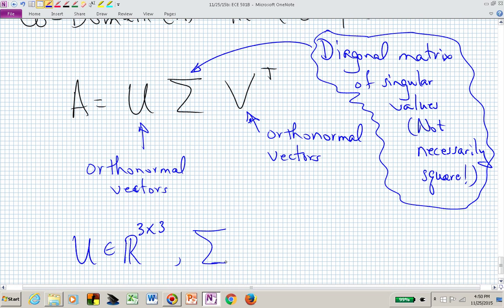This diagonal matrix sigma, again, could be rectangular, and it's of the dimension of the original matrix A, so it's 3 by 4. And V is now 4 by 4.